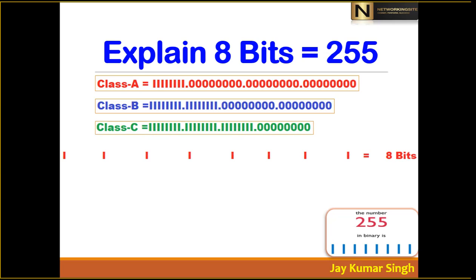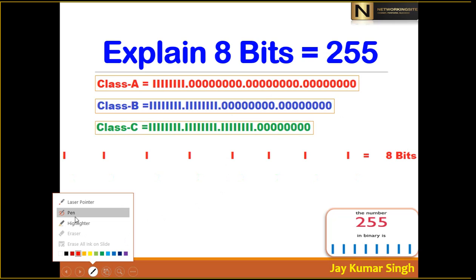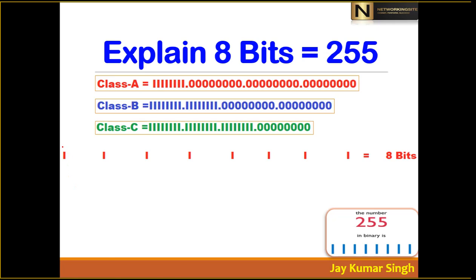First of all, this 8 bit we are writing in bits. So all 8 bits are in bits. 1 bit, 2 bit, 3, 4, 5, 6, 7, 8 bit, right? So when we talk about bits, the bits value in binary is 0 1 1 0 1 1 0 0, like that, right?